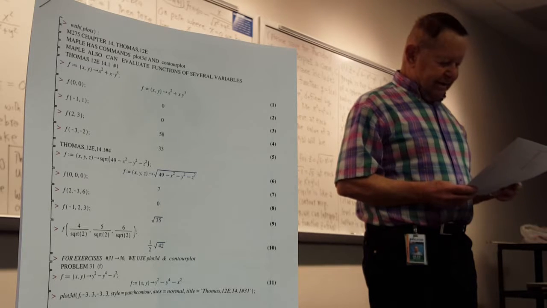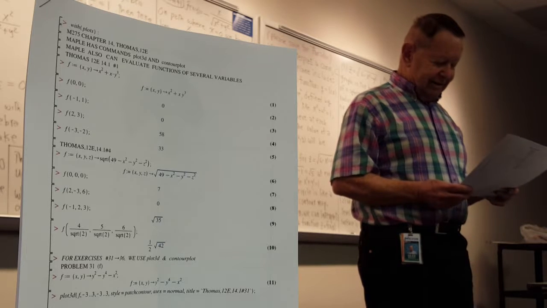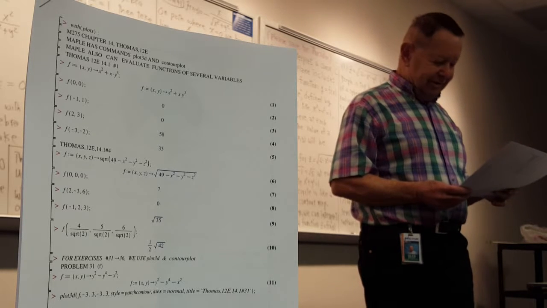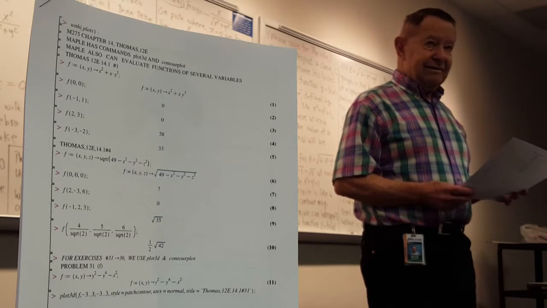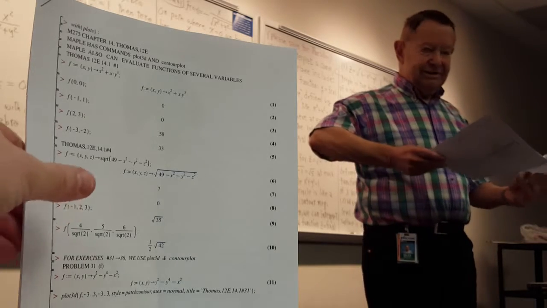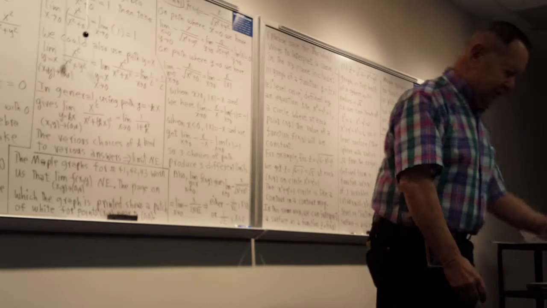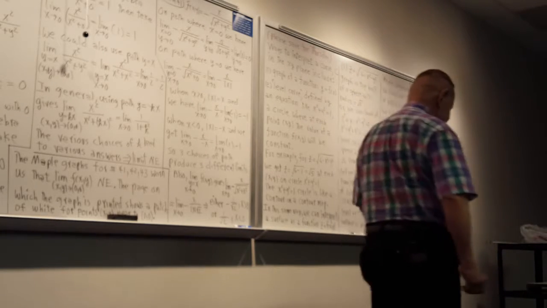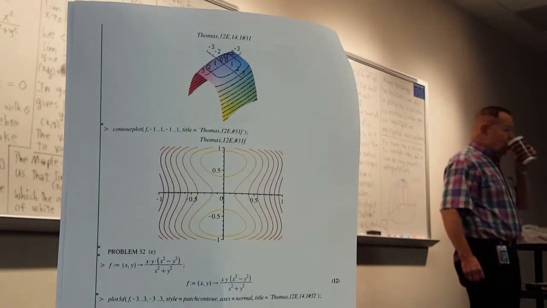Now, if you look at exercises 31 through 36 in the book, you can look through the Maple and see how these things look, or if you have your book, you can see what's given there.